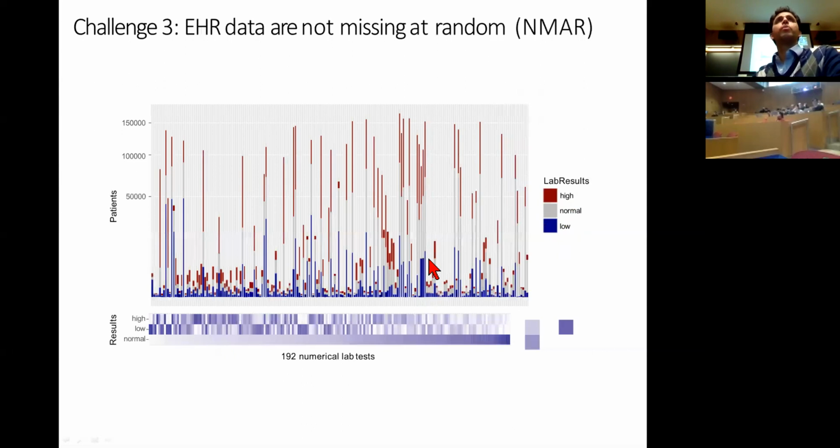How is that possible? That's possible because we are pretty good at predicting whether something is normal or not. And therefore, when a test is prescribed, most of the time we expect to see an abnormal result.